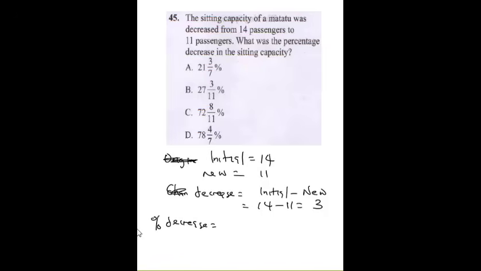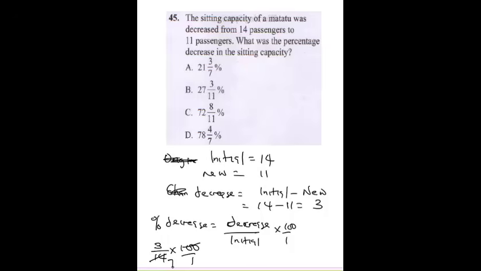So percentage decrease is going to be decrease divided by the initial times 100 over 1. The decrease is 3 all over initial, which is 14, times 100 over 1. Now, if you divide here by 2, you're going to have 7.